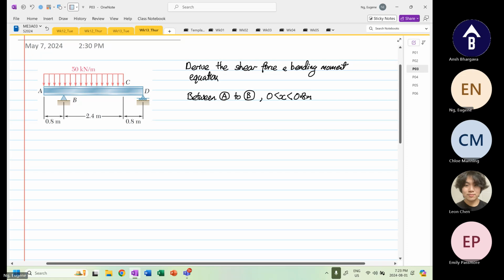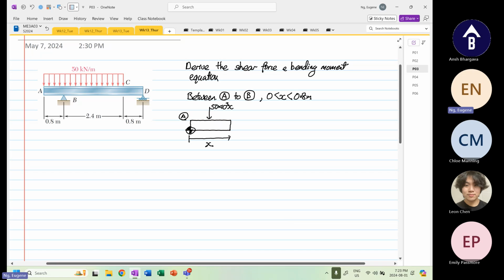Okay, so if I were to sketch this, this is our point A. Okay, and over here, this is your geometric datum lengthwise. So this distance is your x. So you have a load coming down here. So this will be 50 times 10 to the power 3 x.